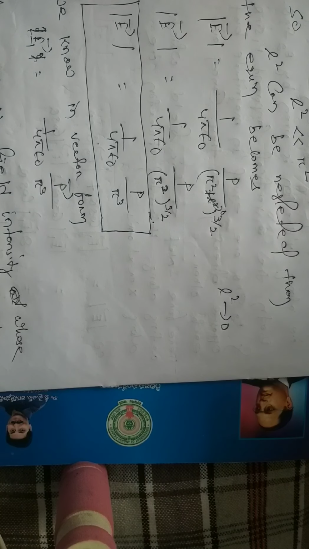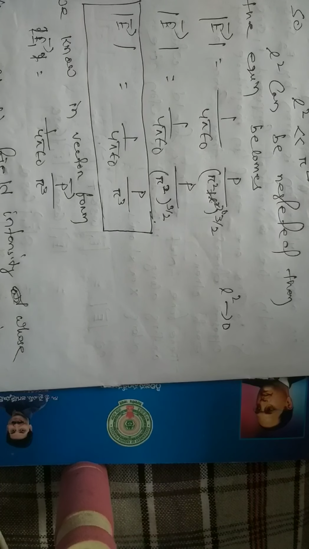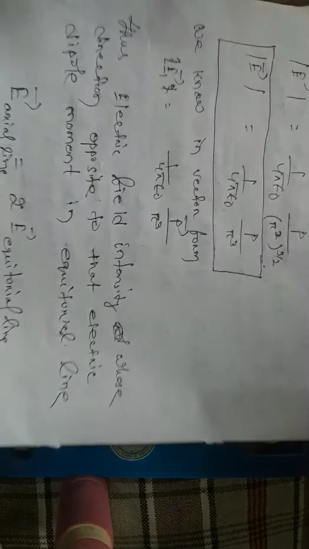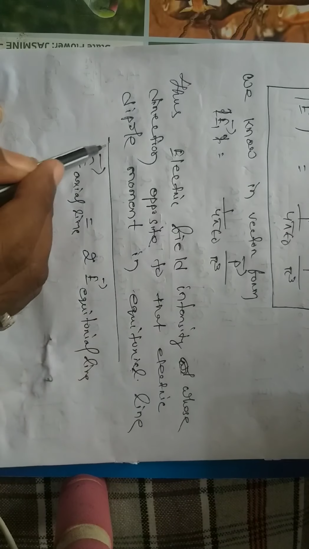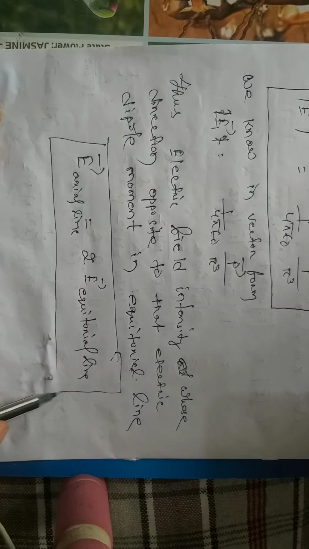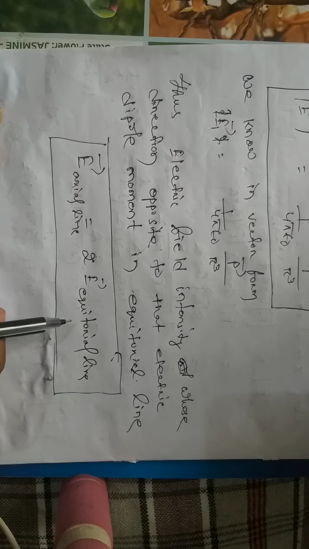So here 2 is common, therefore the electric field along the axial line is equal to twice the electric field intensity due to the equatorial line. So this is the required expression if you compare both the long questions: the electric field along the axial line is equal to twice the electric field due to the equatorial line. Thank you.